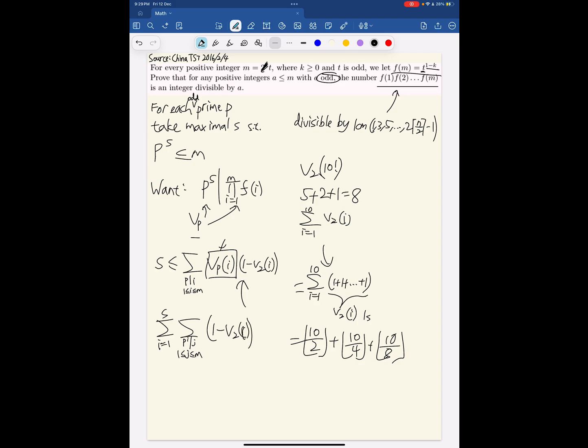Well, why are we... Oh, j. Why are we even caring how many p's are in j anyways? As far as v2 is concerned, we can just rewrite this as this.